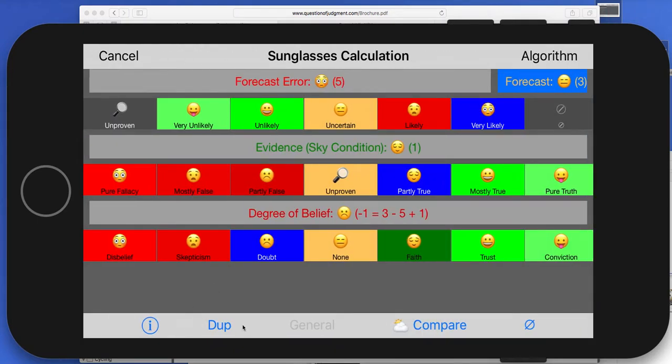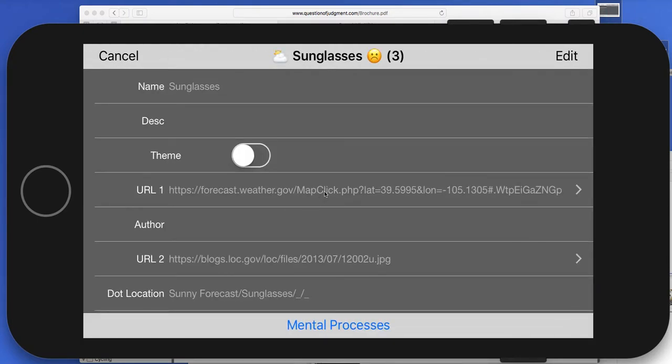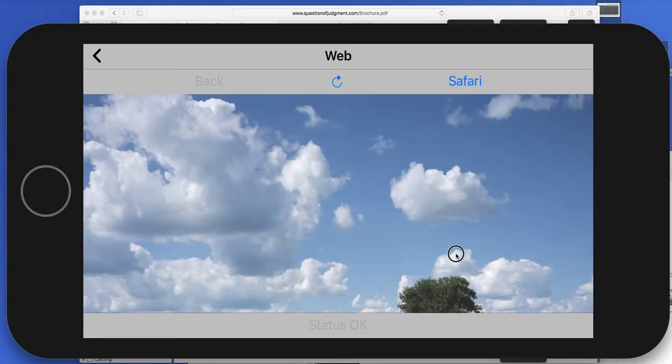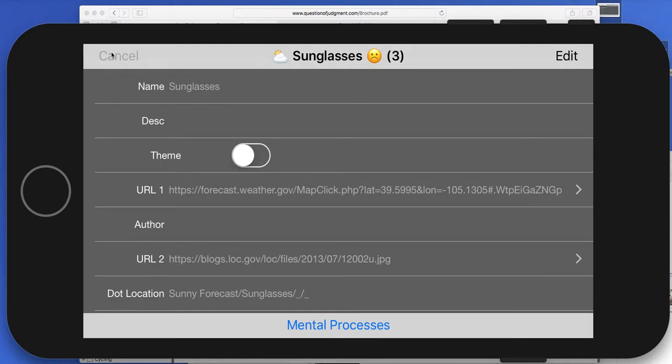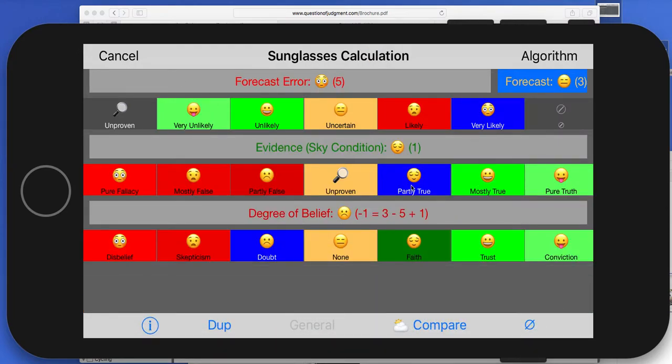And just to refresh you for a second here, let's go back to this picture again to show you what the current weather is like. On the left half is threatening clouds, and the right half is kind of clearing clouds. So we really don't know what's going to happen when we get to the end of the road. And what we need is some evidence. And the picture was the evidence.